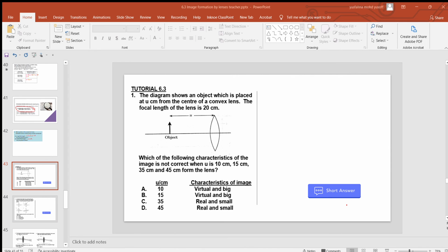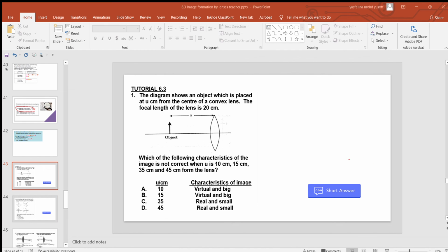So we can form the lens equation here by putting 1 over f. For this one it is actually negative 1 over u, because negative 1 multiplied by 1 over u gives negative 1 over u. This one already changed to the other side, so it becomes positive, plus 1 over v. So 1 over f is 1 over u plus 1 over v.